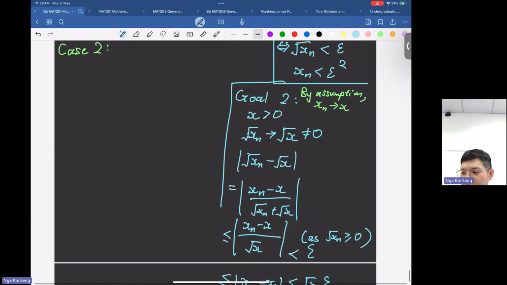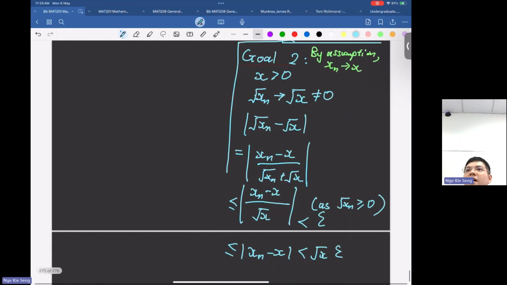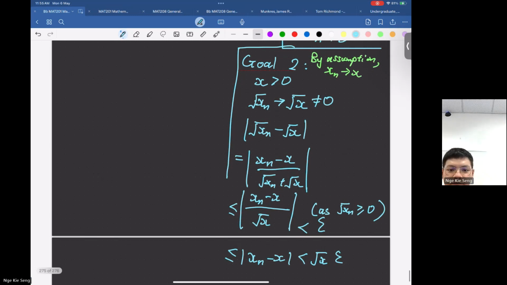Okay, so now, is it clear already what kind of n you need to pick here? Is it clear from here what n you need to pick? Okay, so let me see here. Suppose x greater than 0. So fix an epsilon greater than 0.